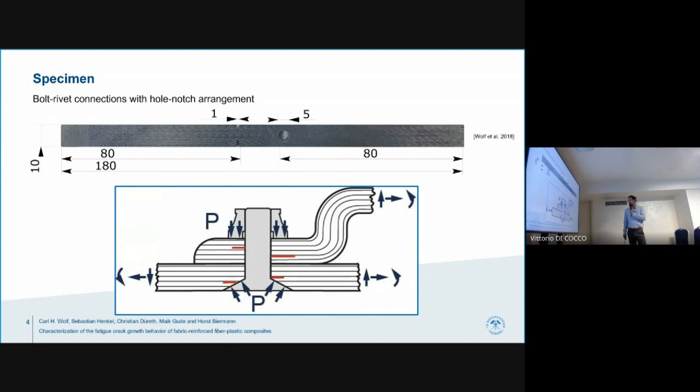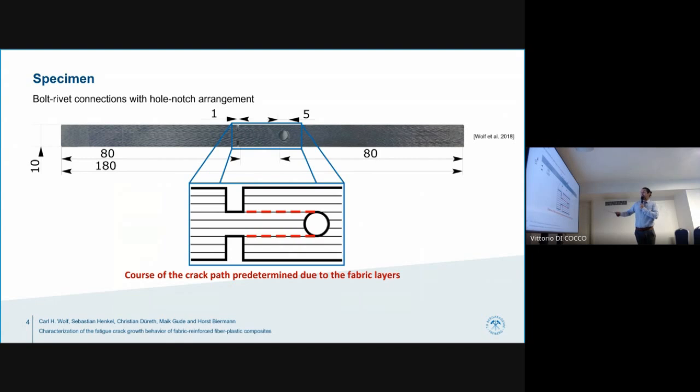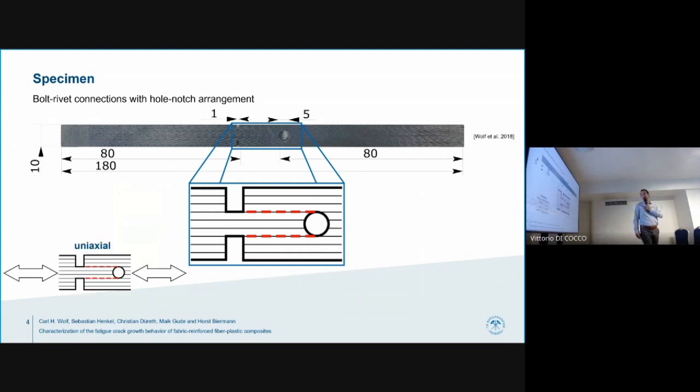How to simulate these bolt rivet joints? We made a specimen with a hole notch arrangement, and we performed uniaxial as well as biaxial tests. In the middle of the specimen, we got the crack path, but unfortunately, or well, not unfortunately, the course of the crack path is predetermined due to the fabric layer.